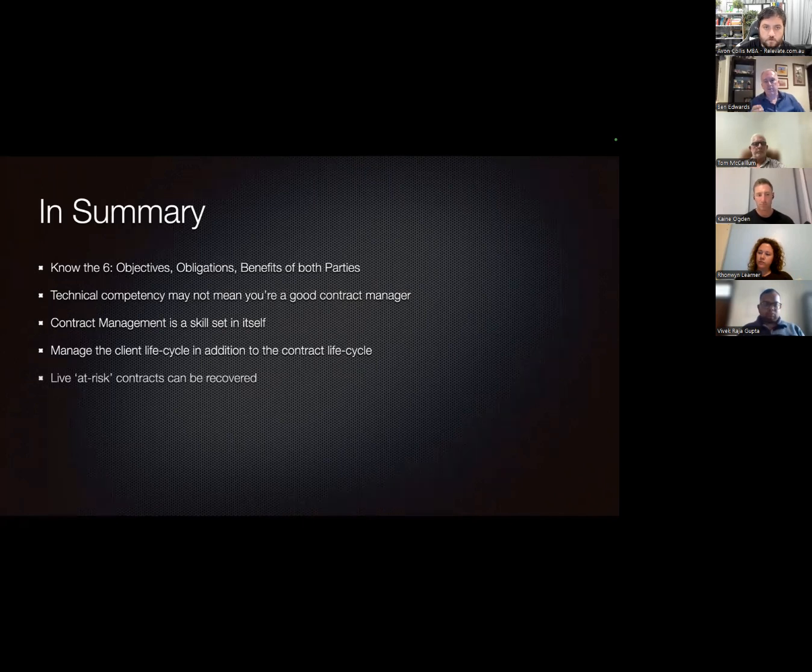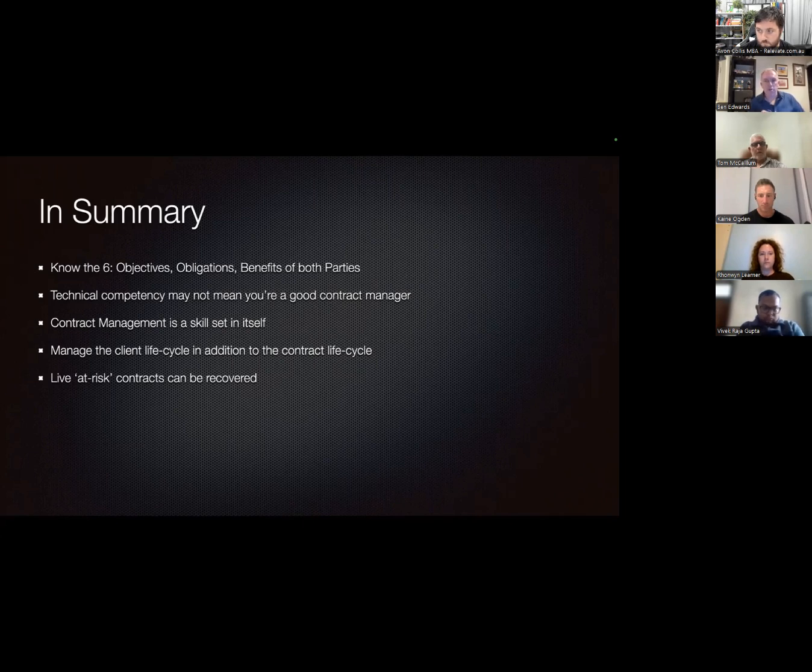And as well, if a contract is at risk and you think it might be heading to termination, either for convenience or for cause, then it can be recovered.